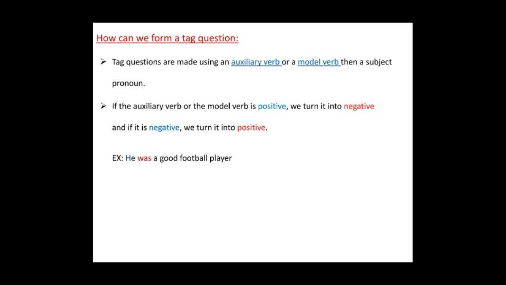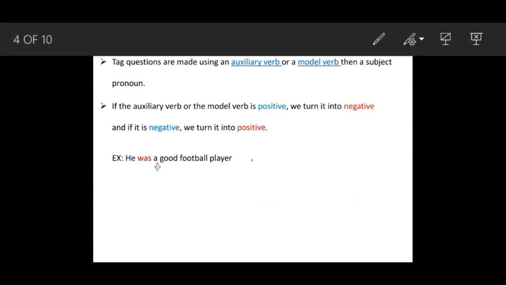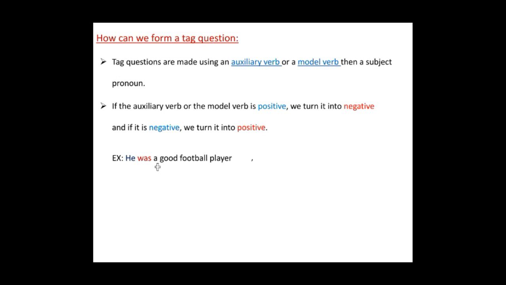How to turn this into a question tag or tag question? First of all, I have to put comma. And then I have to identify whether the sentence is affirmative or negative. It's affirmative. Great. So I have to turn this auxiliary verb into negative. So it will be wasn't.